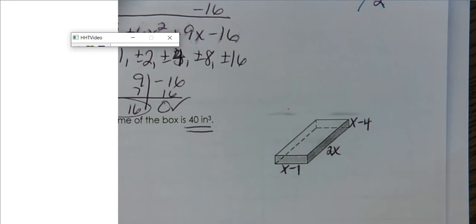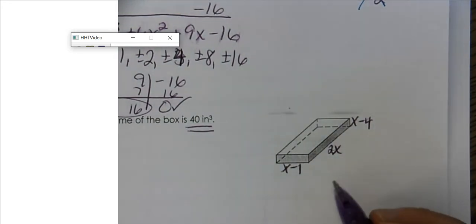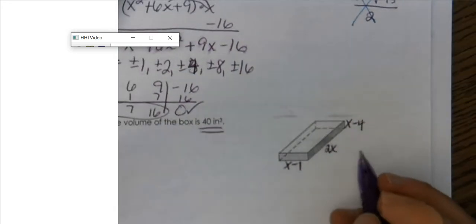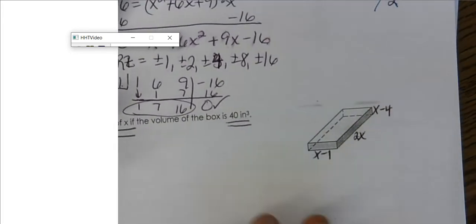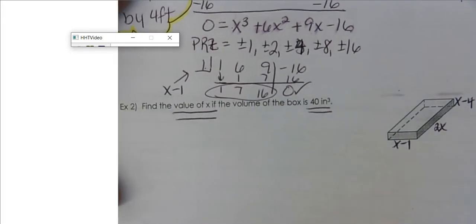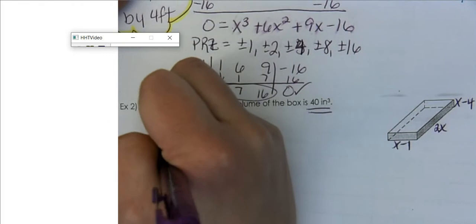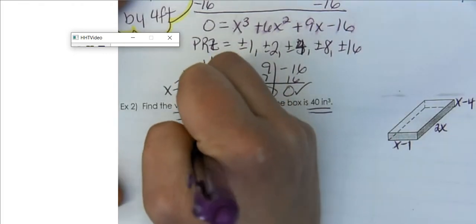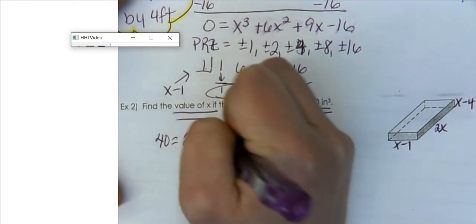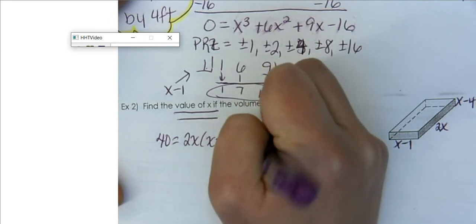So I'm going to multiply all of these dimensions together and set it equal to 40. And they can be multiplied in any order that you see. So I'm going to write this as 40 is equal to 2x times x minus 1 times x minus 4.